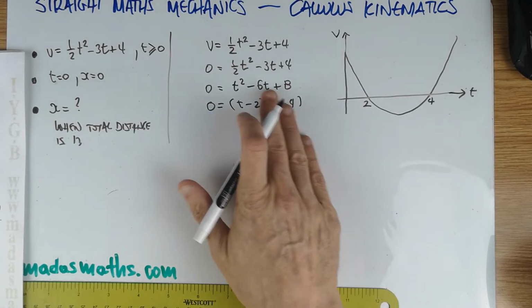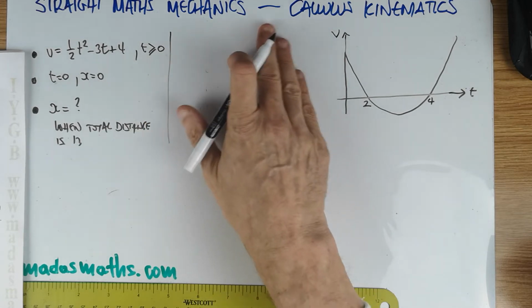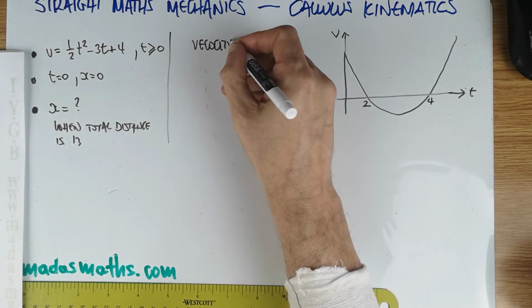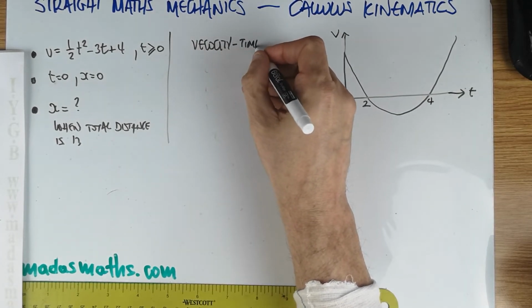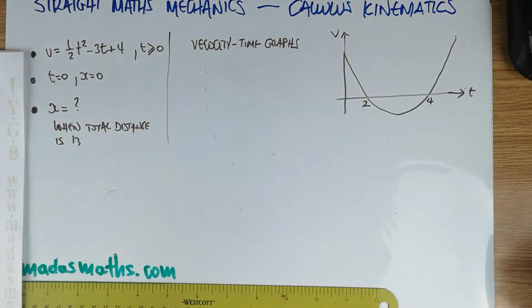And this, of course, is a velocity time graph. It's just that you don't often see this. And they're very, very useful for calculus kinematics questions. A good proportion, I wouldn't say more than half, but a good proportion can be solved quicker and more effectively by considering the graph, basically.